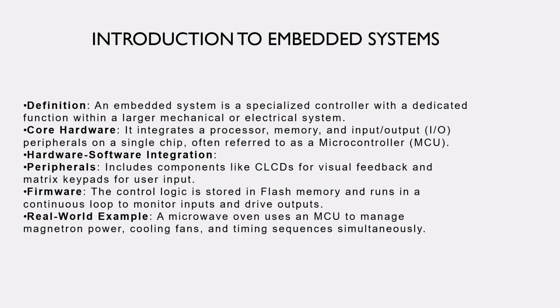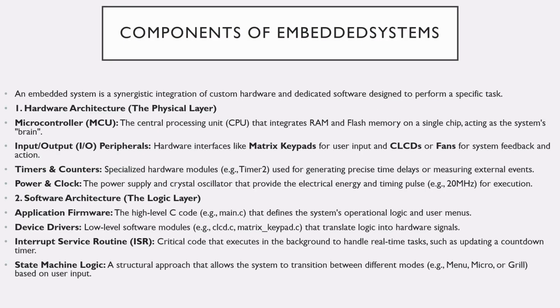Next, coming to the components of embedded systems. Embedded systems consist of hardware and software working together. Hardware includes the microcontroller, input devices like keypads, output devices like LCDs, timers, and power supply. We can also see CLCDs or fans.